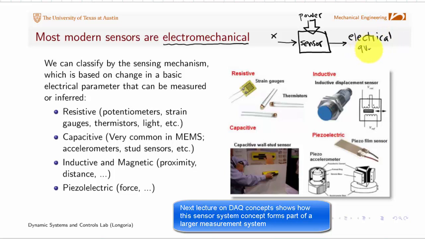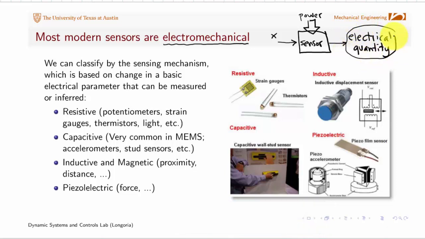Often what we want to measure is something easy like voltage, but the quantity that might be changing, like in the case of the potentiometer, is resistance, which is why we often need for many of the sensors, including those shown here, some kind of signal conditioning.